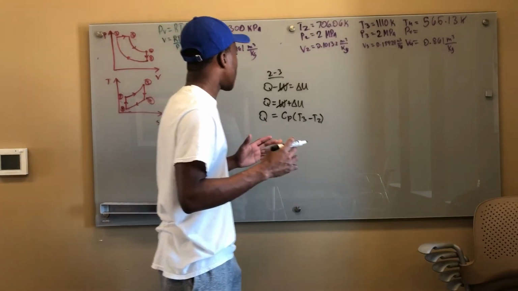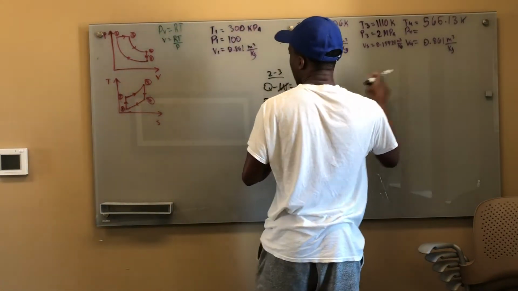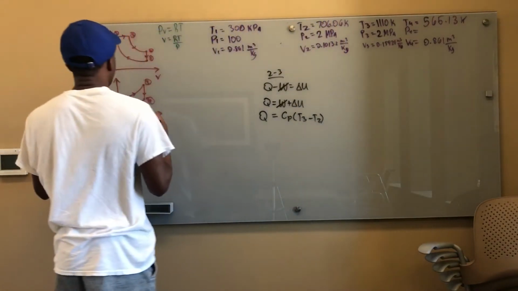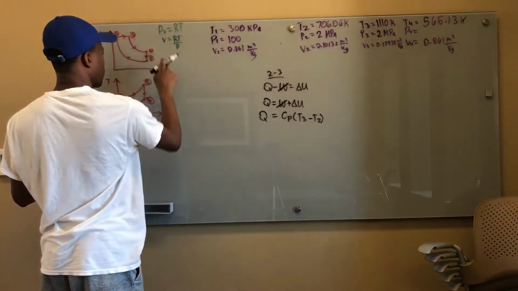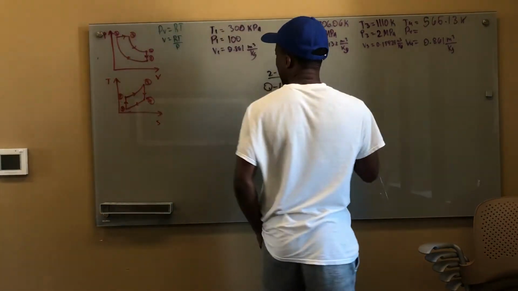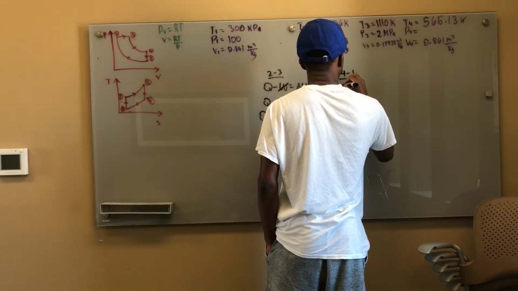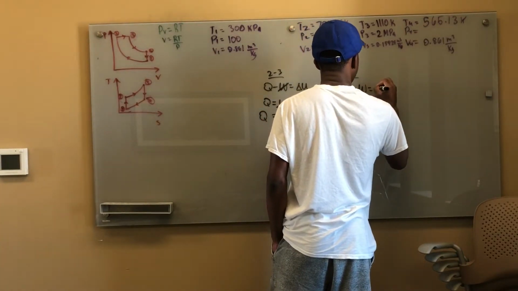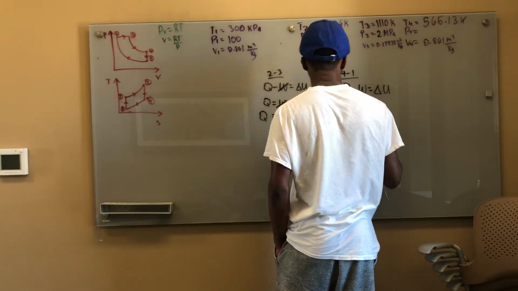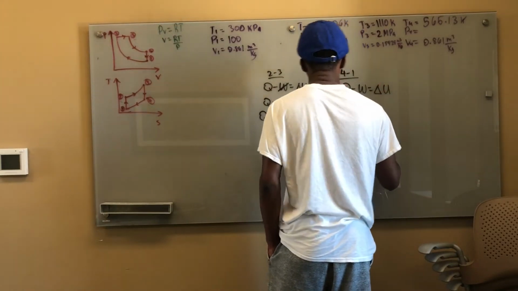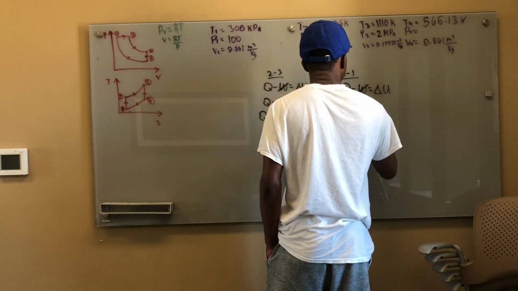Okay. That being said, I also need, I know that there's Q out from point 4 to point 1, so that's constant volume. Same thing, 4 to 1. Q minus W equals delta U. No work.